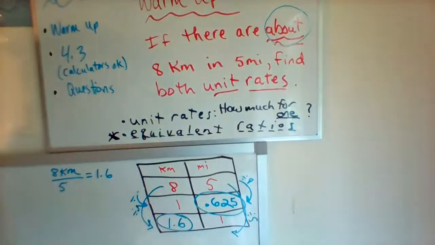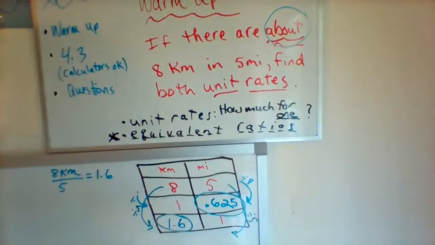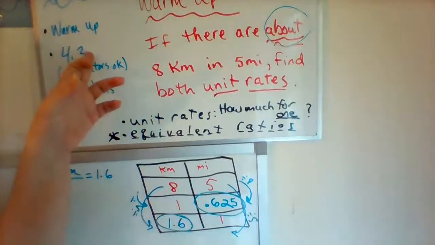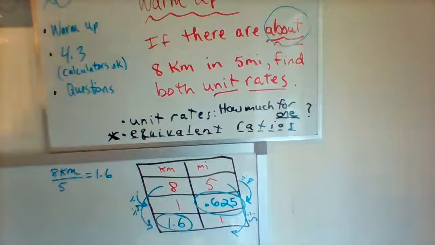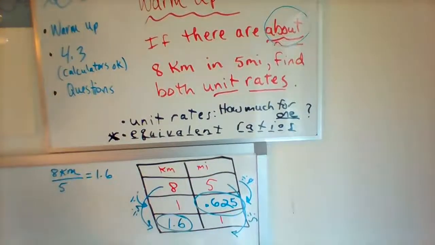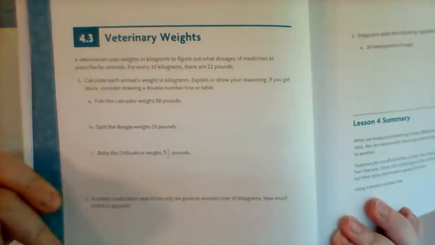Okay, we are down to our last 2 minutes, and that's okay because tomorrow, by the end of the day, you have this task that's due. I just posted it in Google Classroom. It is from the same book, Unit 3. It is called Veterinary Weights.